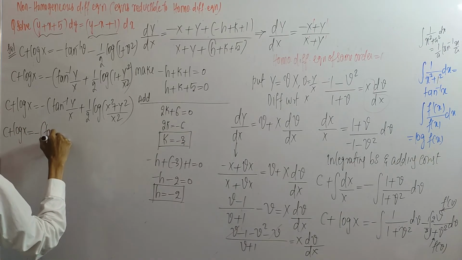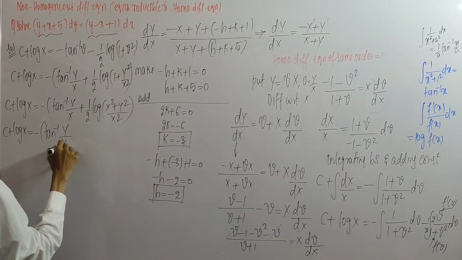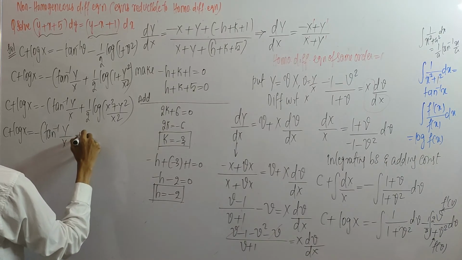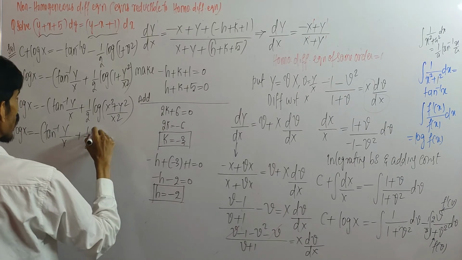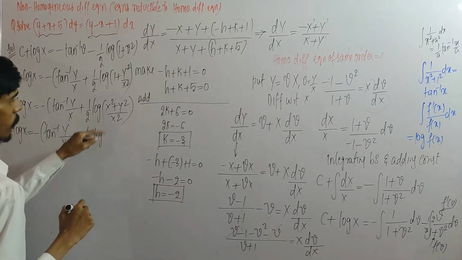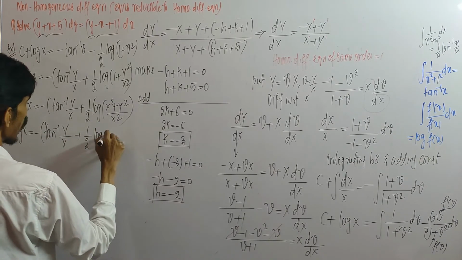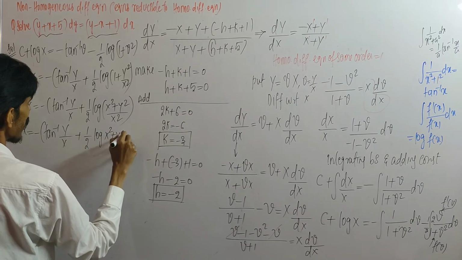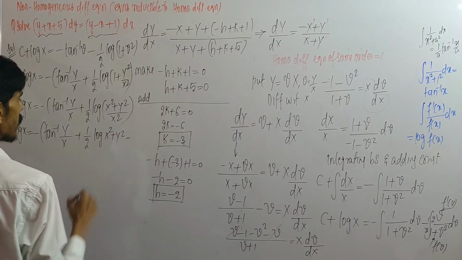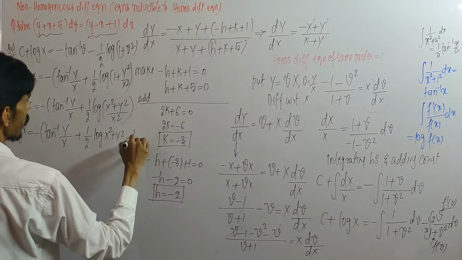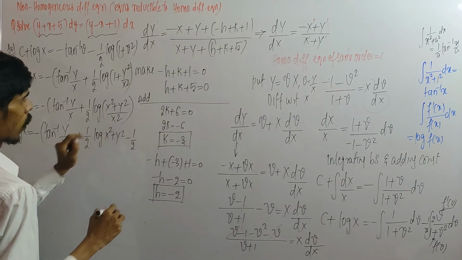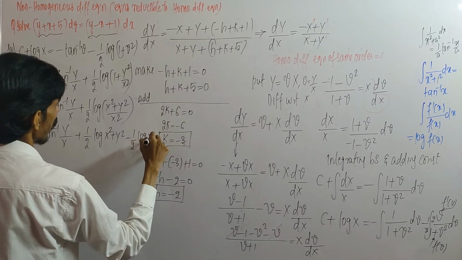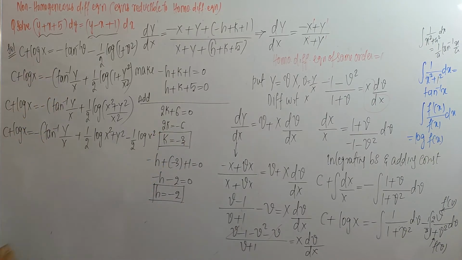minus tan inverse y by x plus 1 by 2 log a by b. Log a by b value is log a minus log b. So log x square plus y square minus, here I have 1 by 2, due to this 1 by 2, log a by b, so log x square.